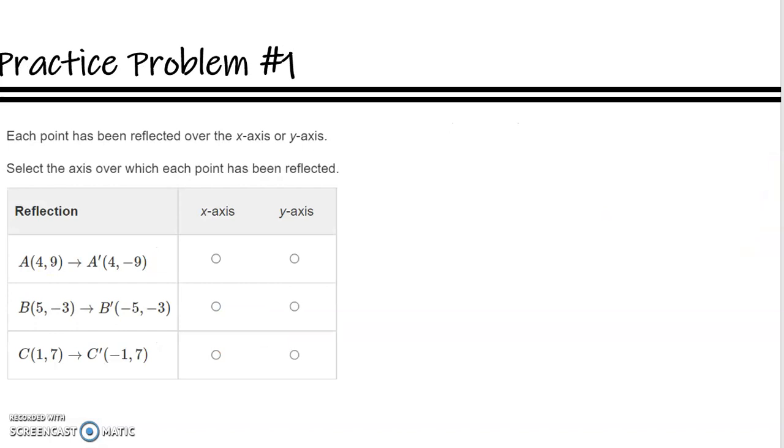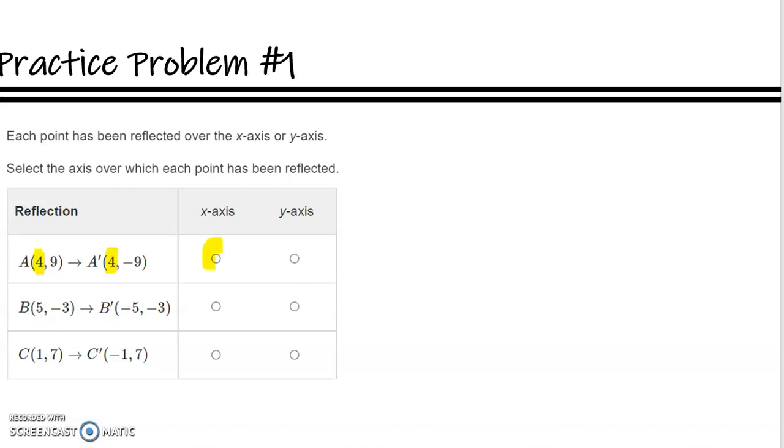So go ahead and try practice problem 1. Each point's been reflected either over the x-axis or y-axis. Can you select correctly which one? So go through and look to see what stays the same, what changes. In this example, I can see that my x value stays the same.